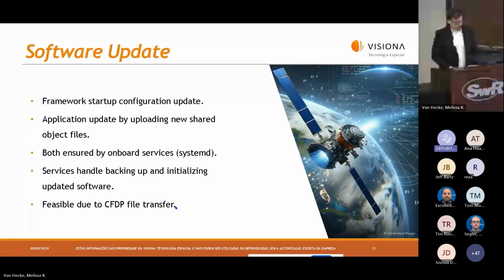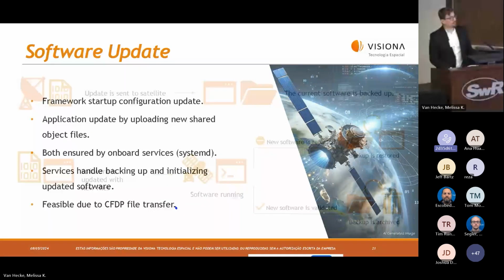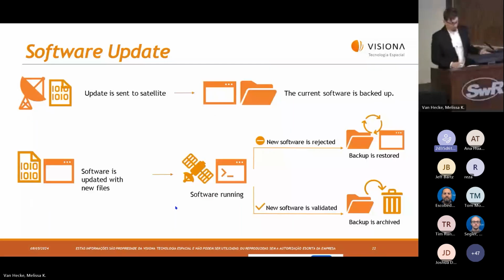Well, this is the software update workflow for VCUB1. First, we upload the files to the satellite. Second, upon a software update trigger, we back up our current software.